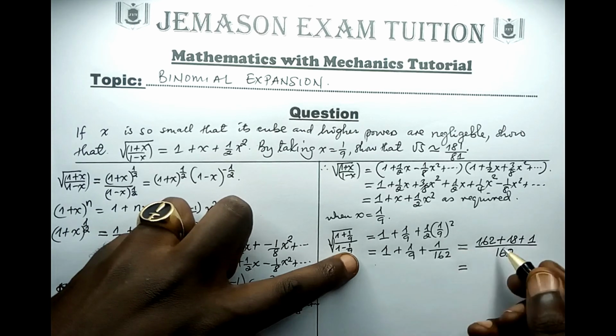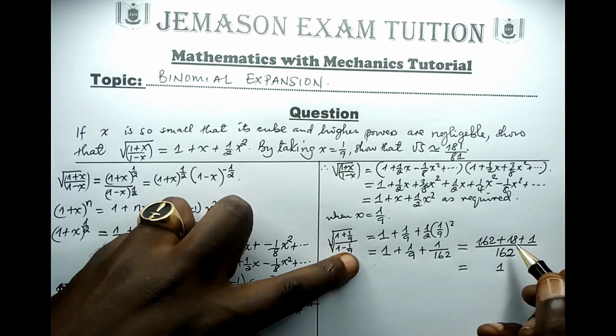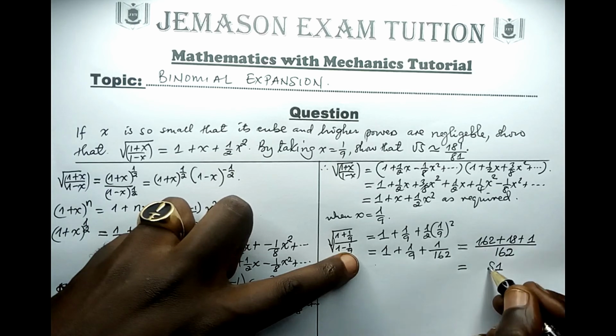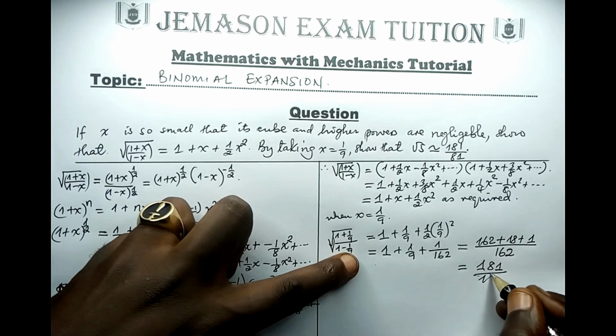Adding all this, 1 plus 8 plus 2 should be 11, 1 and carry 1. 1 plus 6 is 7 plus 1, 8, and then 1, all over 162.